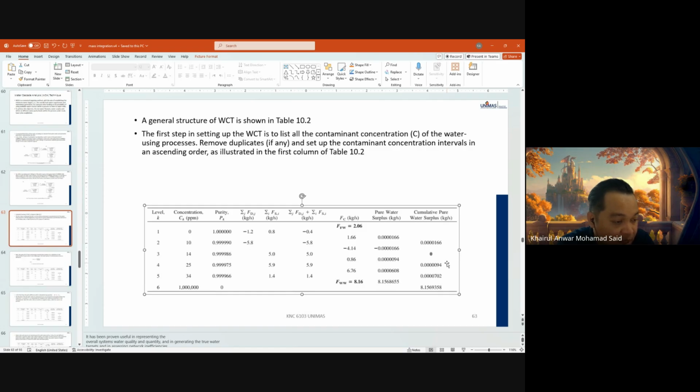The point where the cumulative surplus is exactly zero is our water pinch point, similar to the limiting composite curve. But for the limiting composite curve, it is actually the tangent of the water supply line to the sink composite curve.